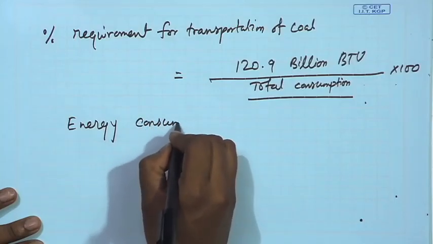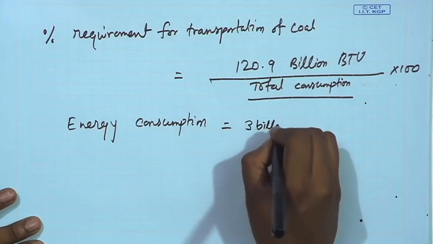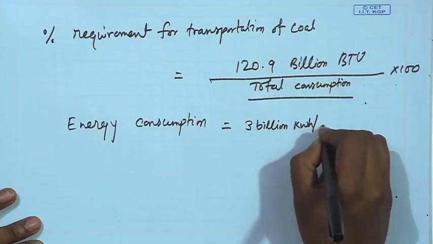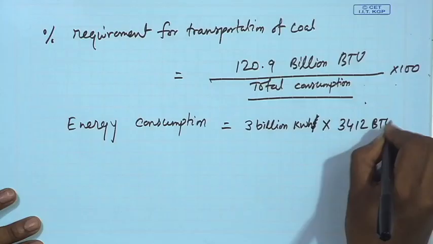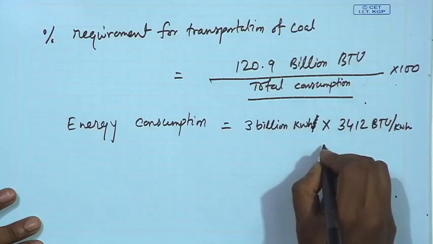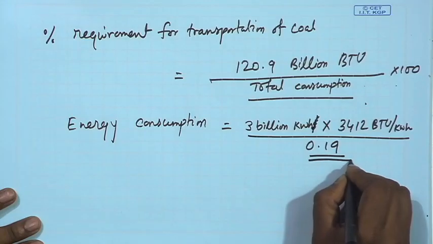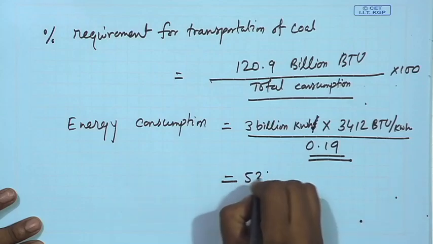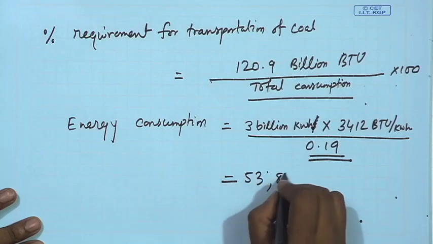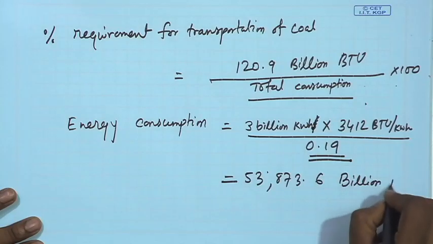So the energy consumption will be, in the first case, 3 billion kilowatt hour times 3412 BTU per kilowatt hour, divided by 0.19, which is our energy conversion efficiency. If you calculate this, you will get 53873.6 billion BTU.